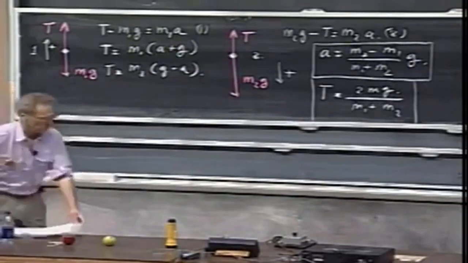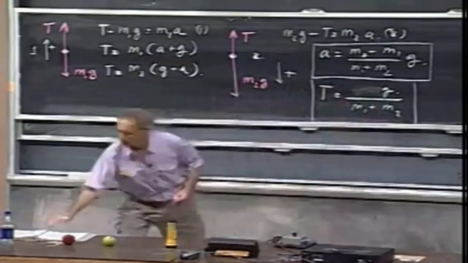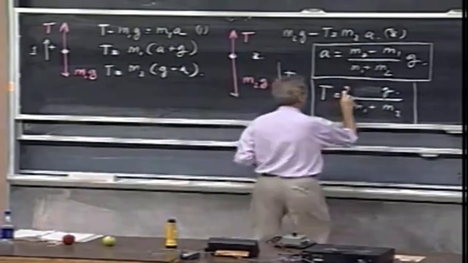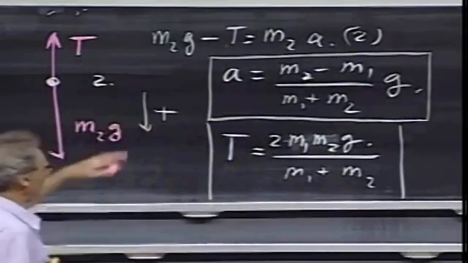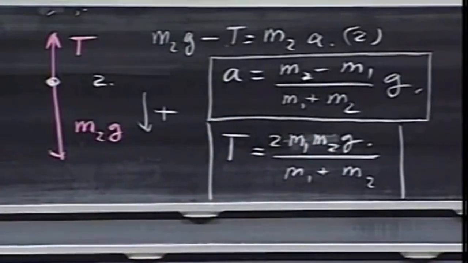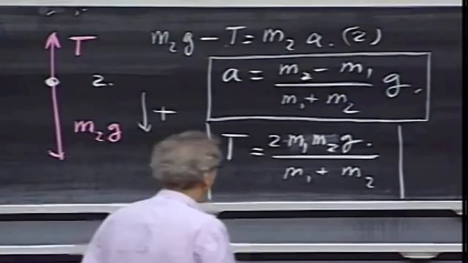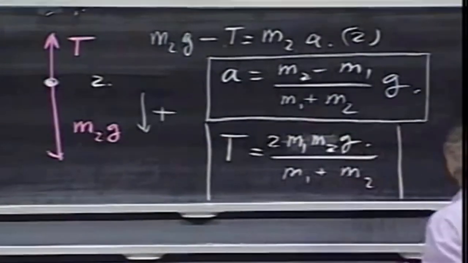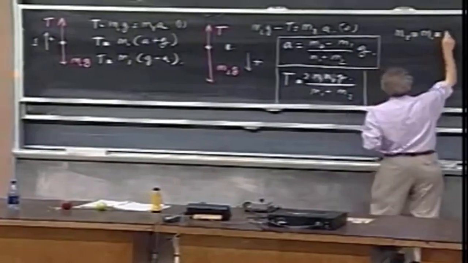Let us look, this is m1, m2. 2m1m2. Let's look at these equations. Let's scrutinize them a little. Let's get some feeling for it, rather than accepting them as being dumb equations. Let's first take the case that m2 equals m1, and I'll call that m.